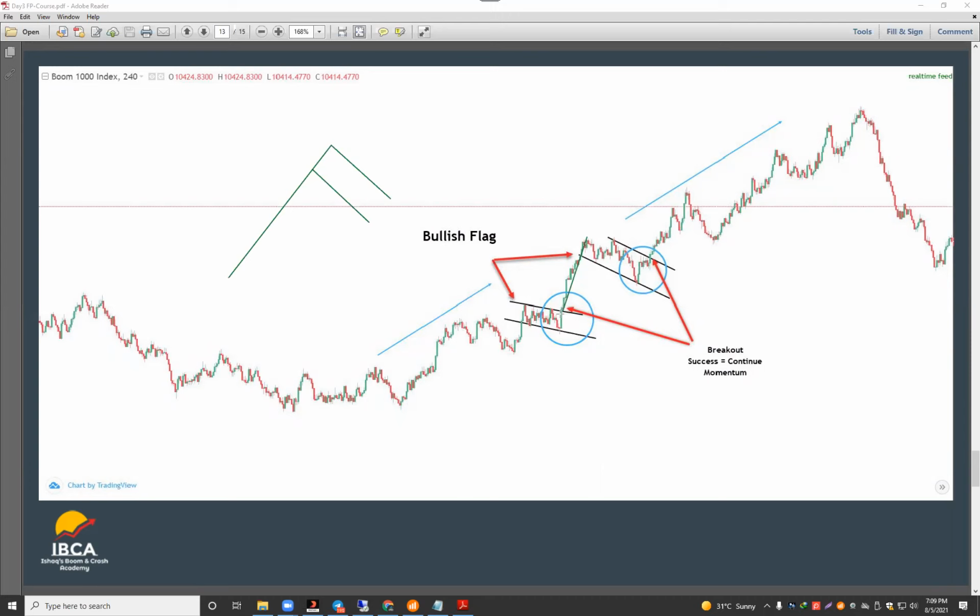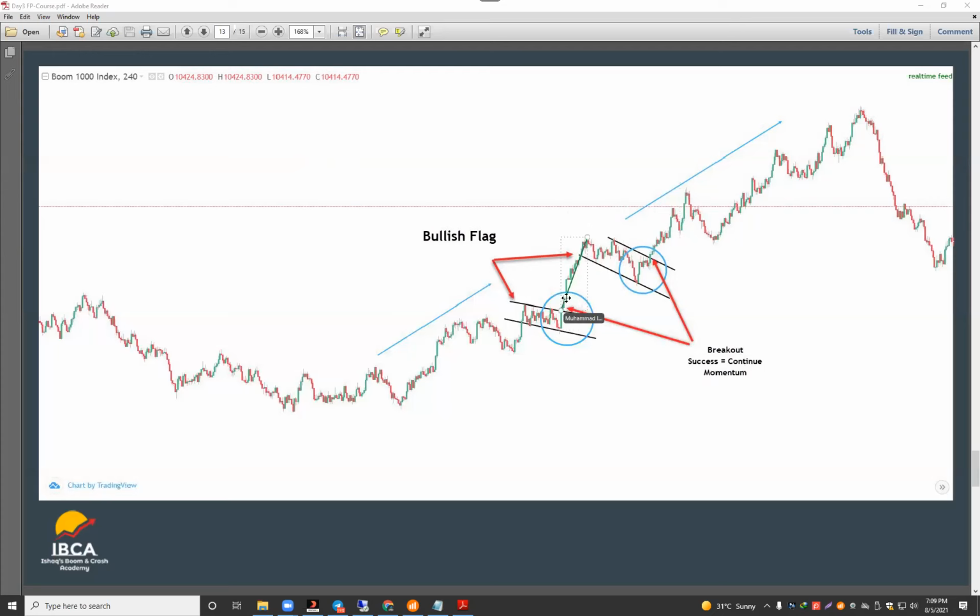So as I told you, take the size of the leg, this one, and compare this size when it's broken. Does it move the same size? Approximately the same size, then again market moves down here. So you can expect the same size, right? After breakout, if we count, then it is the same size.